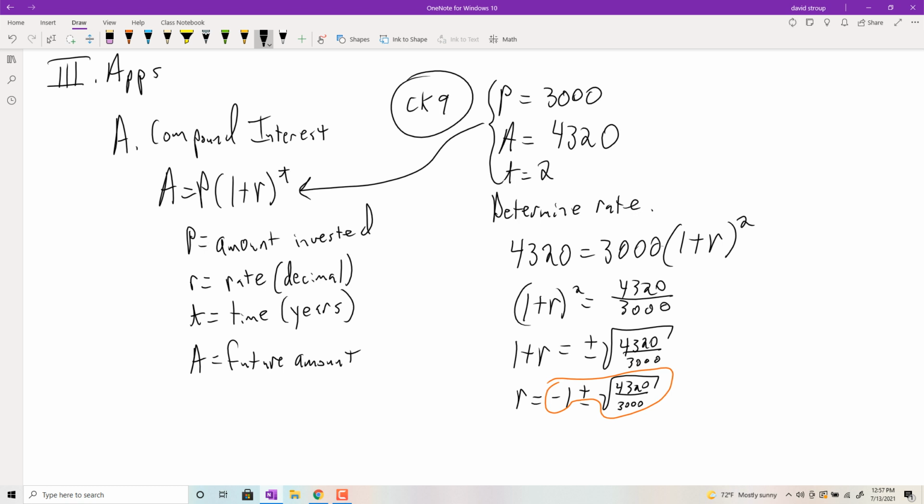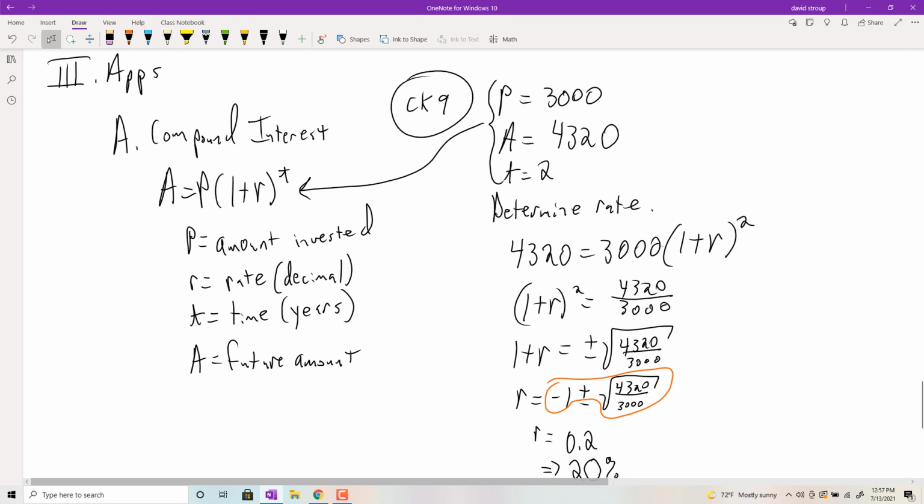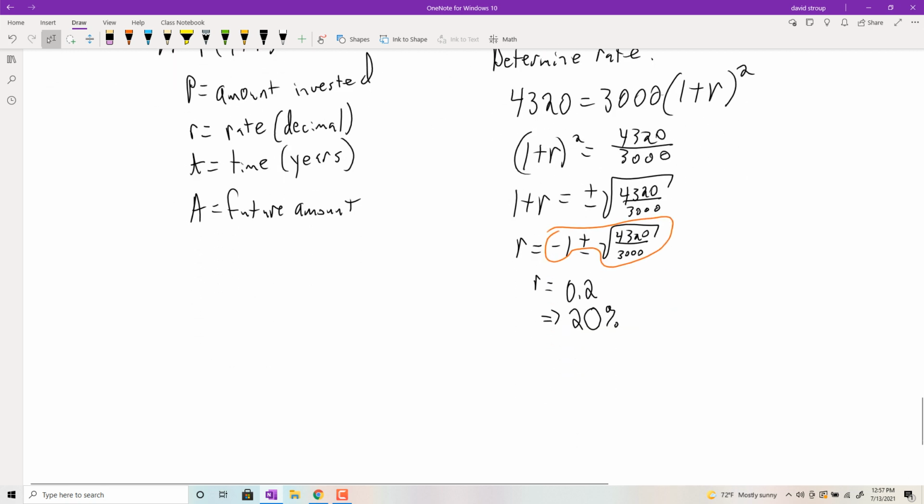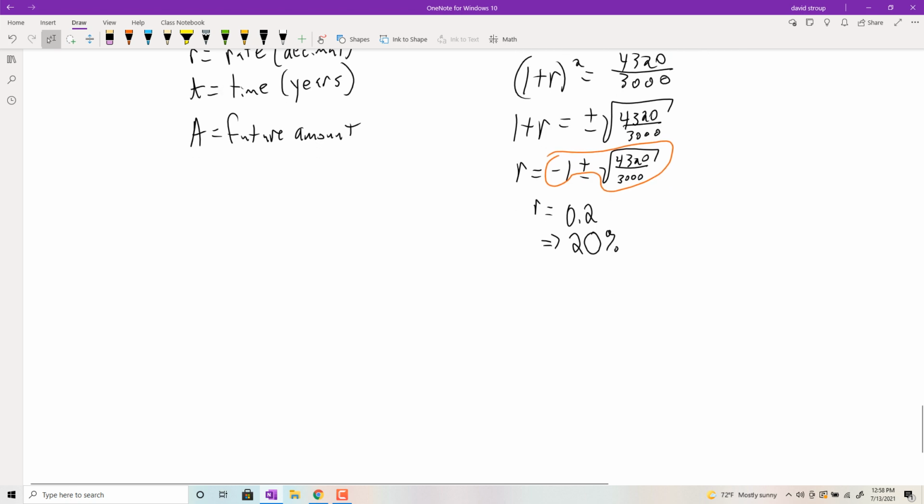If you put that in your calculator, you'll find that the rate as a decimal is 0.2, and then you need to convert that into a percentage by multiplying by 100 and then tacking on the percent sign. Multiplying by 100 is the same as just moving the decimal over 2 places. Okay, so that's cool.